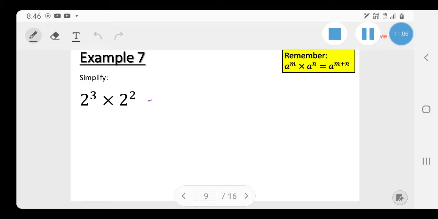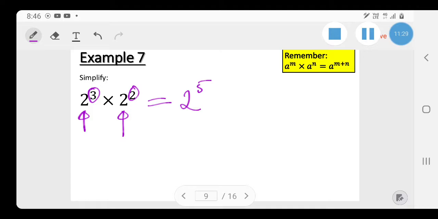So, do we have the same base? Yes, this wouldn't work if it was a 2 and then a 4 as our two bases. We have the same base, it's a 2. So we write down a 2 once and we add the powers. 3 plus 2 equals 5.